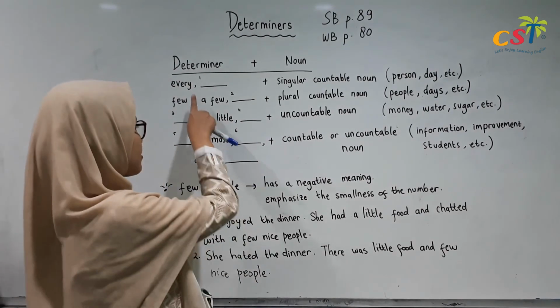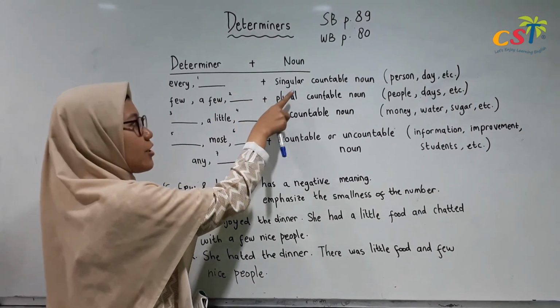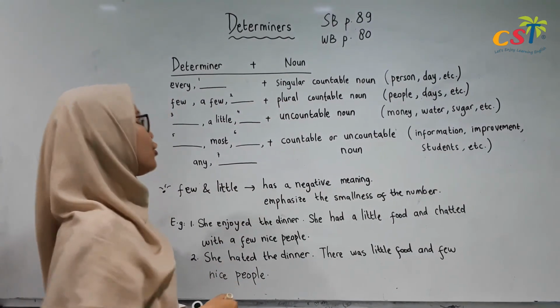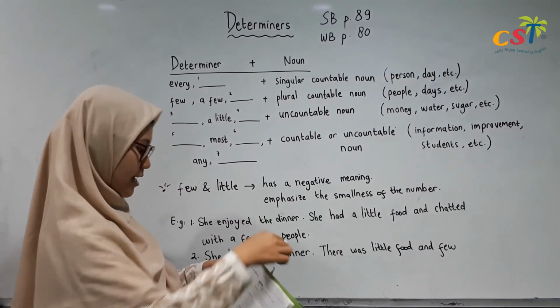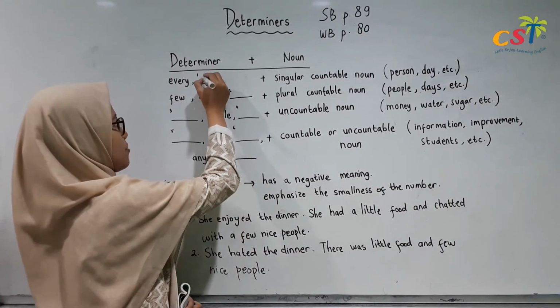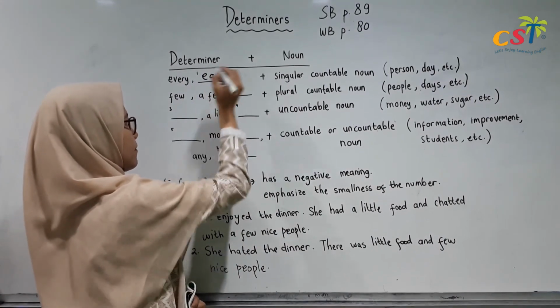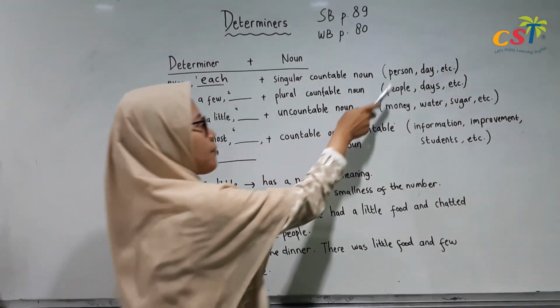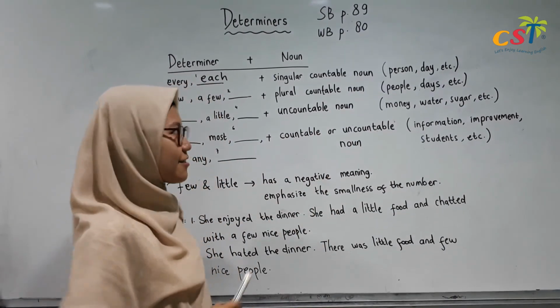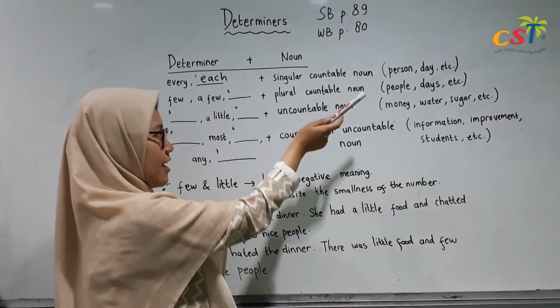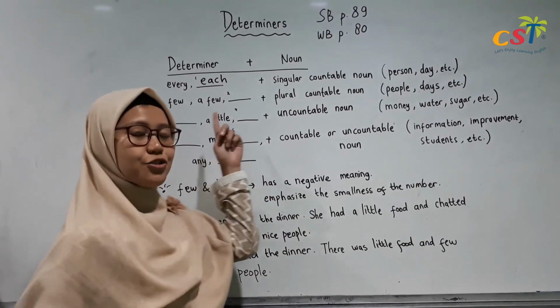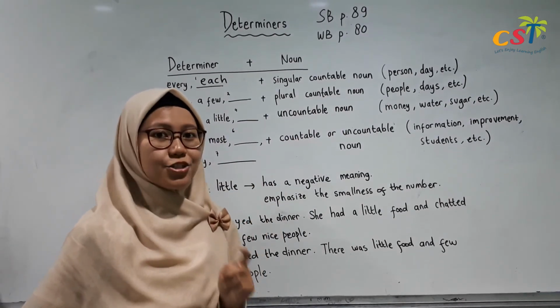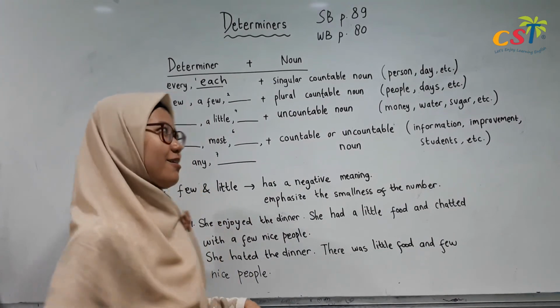That's why for determiners for singular countable noun, you use every and each. So you can say every person, every day, each person, each day, etc.